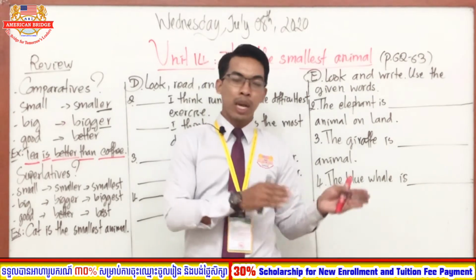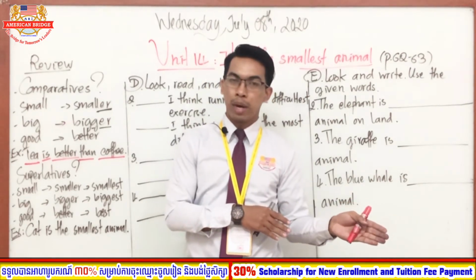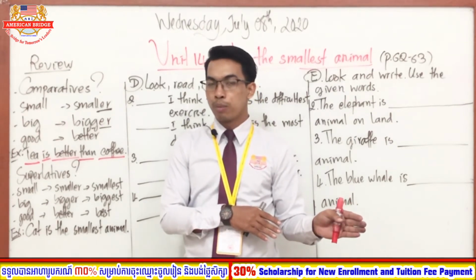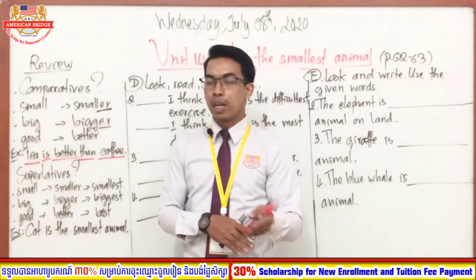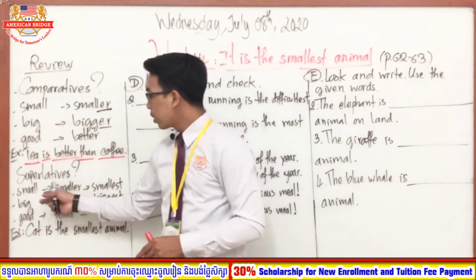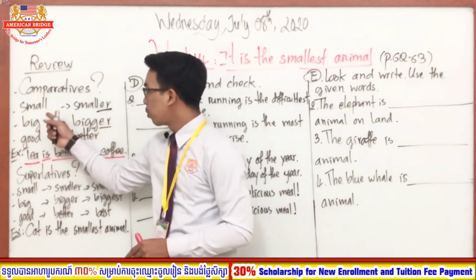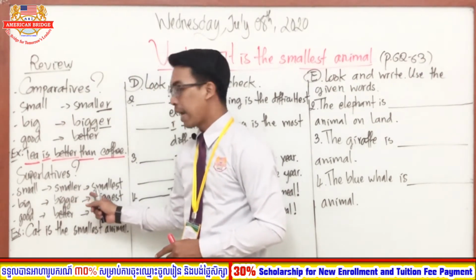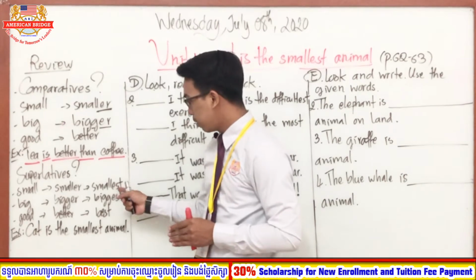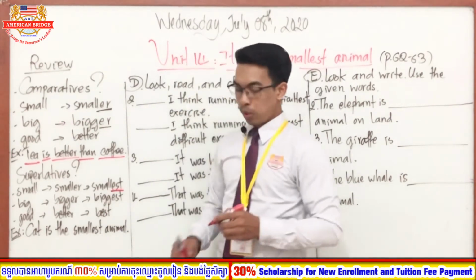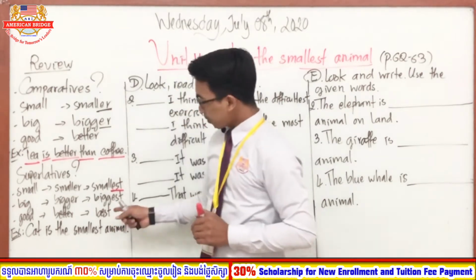The last one is by adding most before the adjective, and the last type is irregular by changing the form. Move on to the first one, small. When we change to comparative it is smaller, and the superlative adjective is by adding est, only one syllable, right? Good.